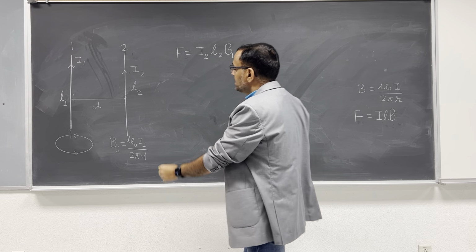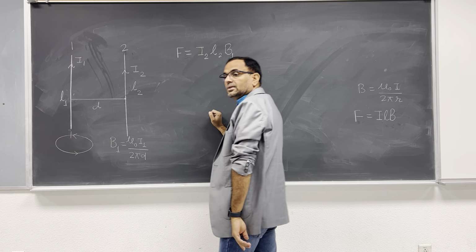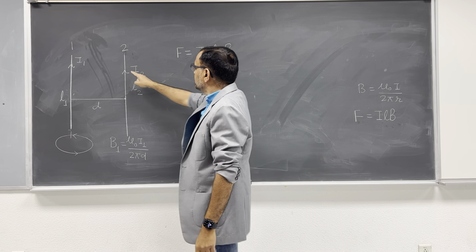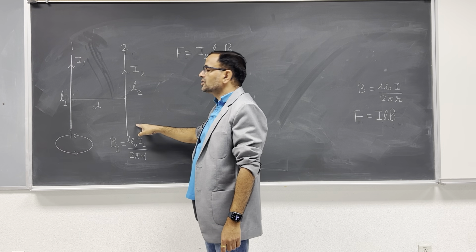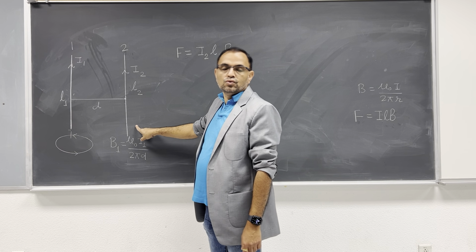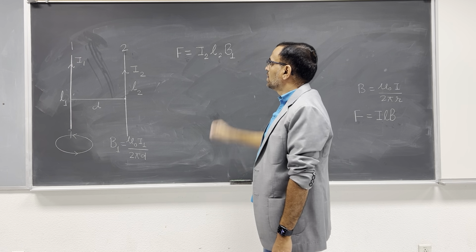B1 is the magnetic field created by conductor 1, I2 is the current in conductor number 2, and L2 is the length of conductor number 2. So F equal to I2 L2 B1.